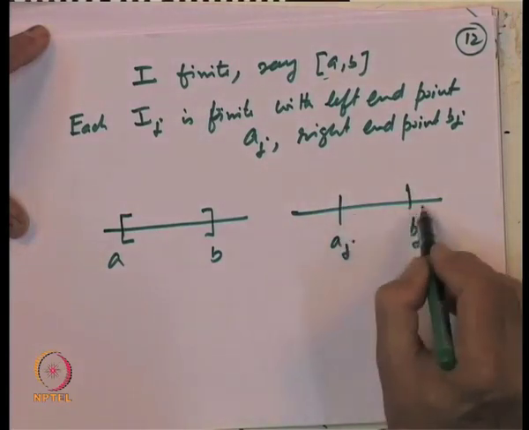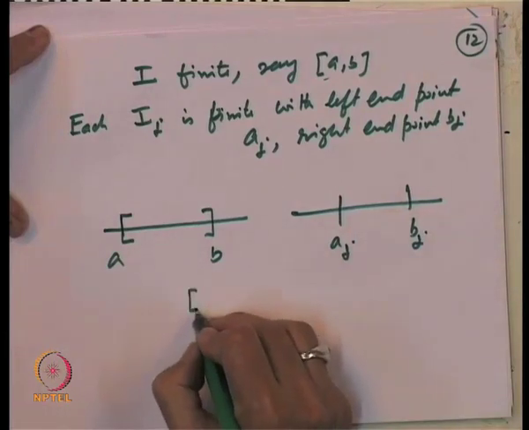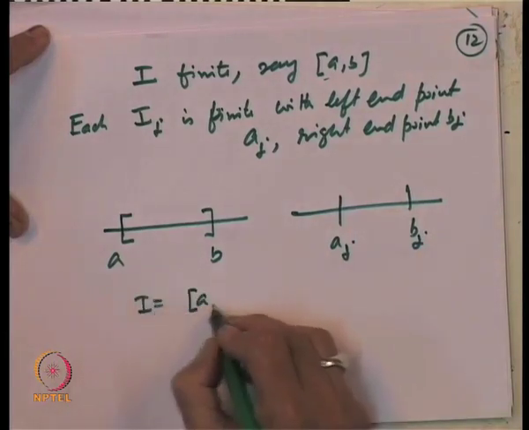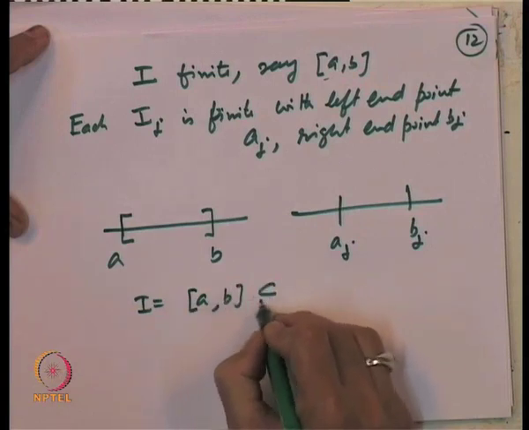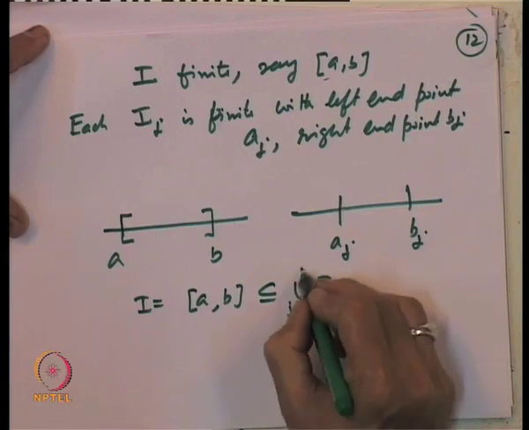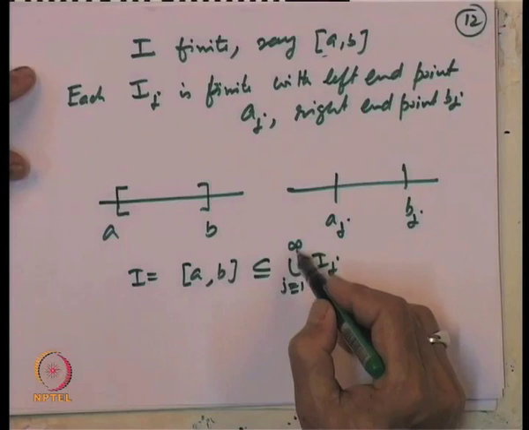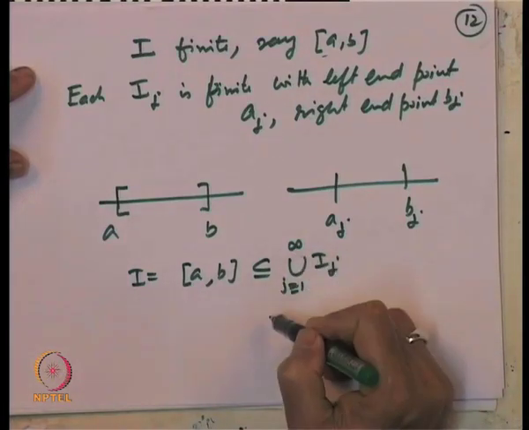We are not saying that these endpoints are included, and we are given that I, which is (a, b), is contained in the union of I_j, j equal to 1 to infinity. If this was finite, then we already know how to manipulate that; we have done it in the previous case.